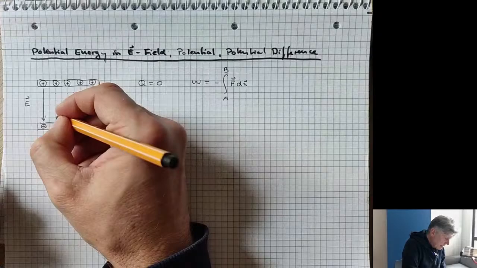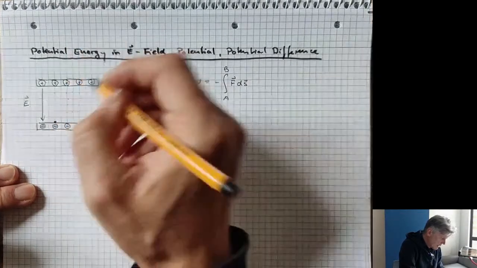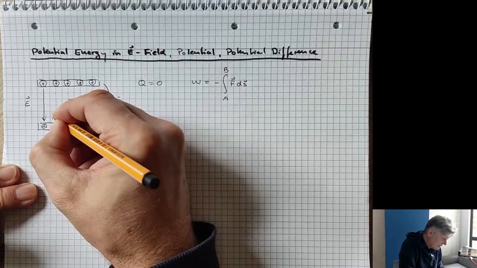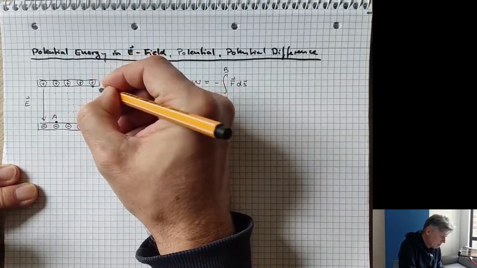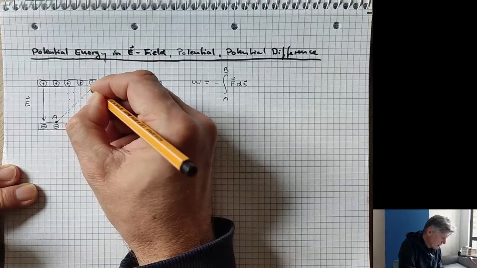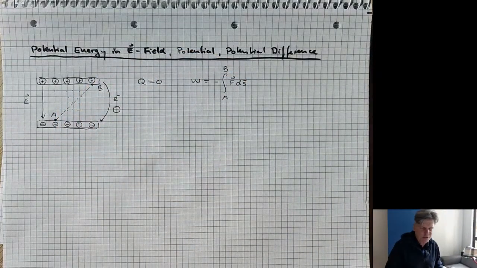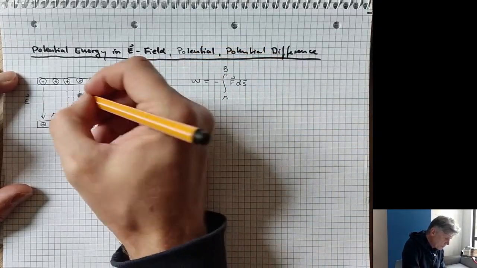Let's assume a charge is moving from this point A on this plate to this point B here. It can be a straight line, can be any line, but let's use a straight line because it makes the discussion a bit easier.